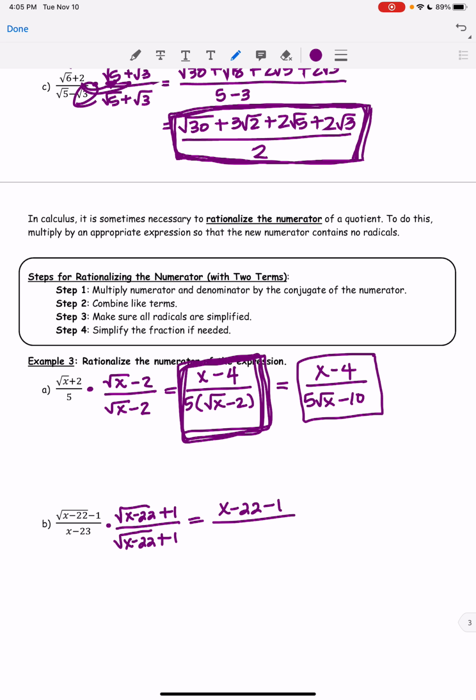This is another time when I would not simplify your answer. So instead of distributing this out, this is going to stay as x minus 23 times the square root of x minus 22 plus 1. We can simplify the top. That's going to become x minus 23.